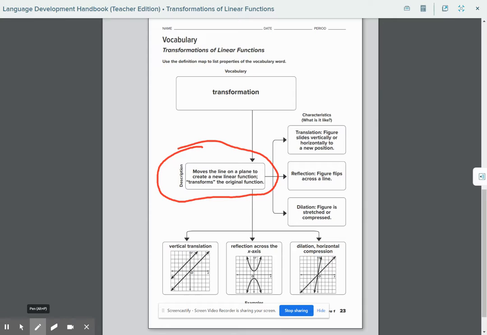The first one is a vertical translation, which goes with your characteristic. In your visual representation of it, you should have a normal graph, and you can start with a line anywhere.